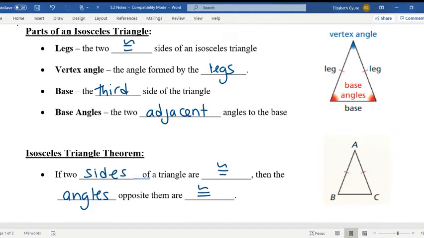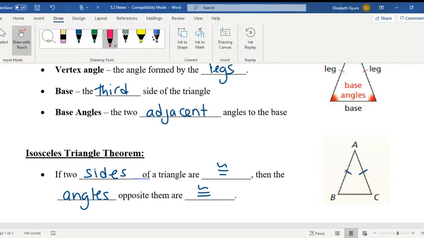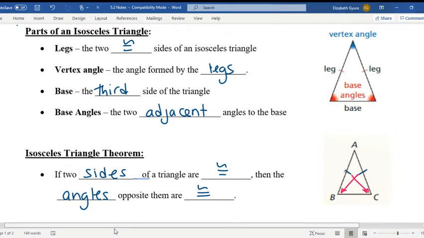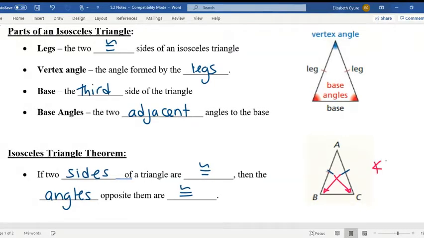So if you have an isosceles triangle, like in this picture, segment AB is congruent to segment AC, then the angles across from them end up being congruent. Across from AB is angle C. Across from AC is angle B. And angle B ends up being congruent to angle C.